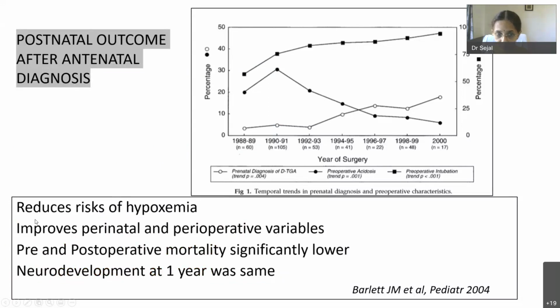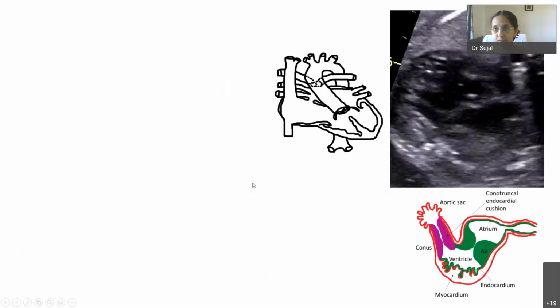And diagnosis in fetal life is going to be rewarding for us, very positive. Documented papers are there where it can make a lot of difference for these children long term. So I think this is related to transposition.